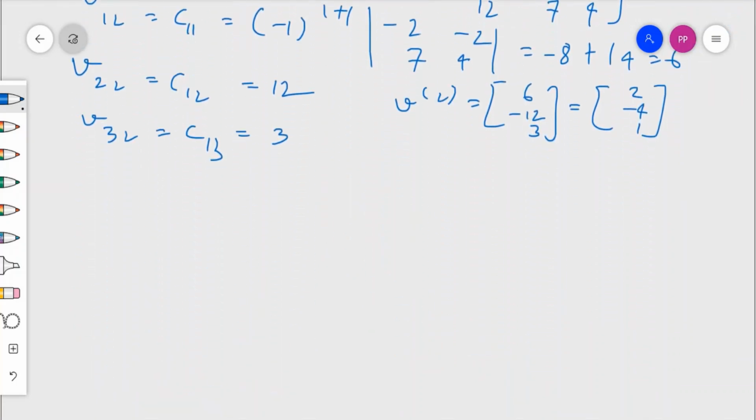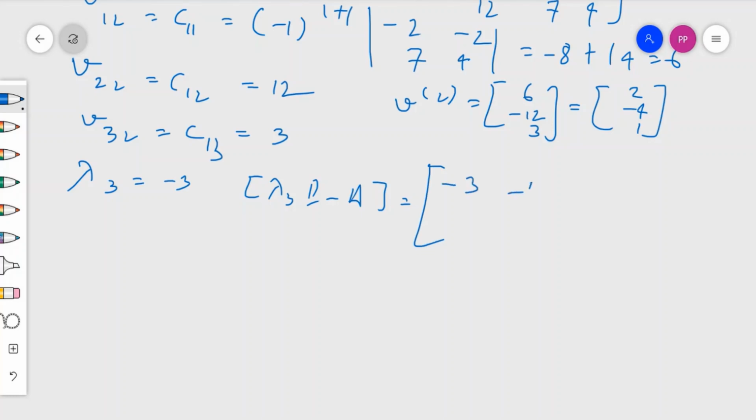Similarly, we can find for lambda 3 equals minus 3, we have lambda 3I minus A equals minus 3 minus 1 0, minus 3 minus 3 minus 2, 12 7 and 3.